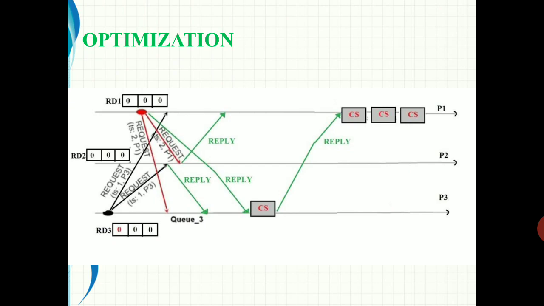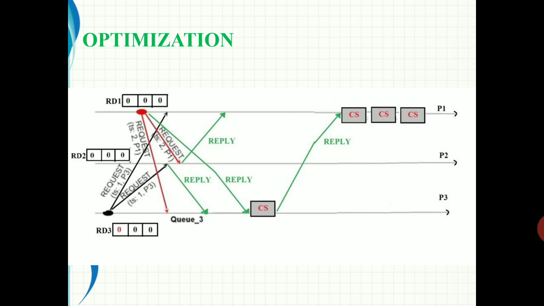If the same process wants to enter the critical section once again, it needs to send the request message to all other processes again. Even if no other process wants to enter the critical section, we still need to send the request message to all other processes.